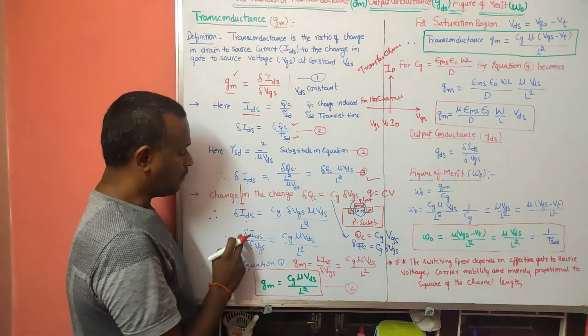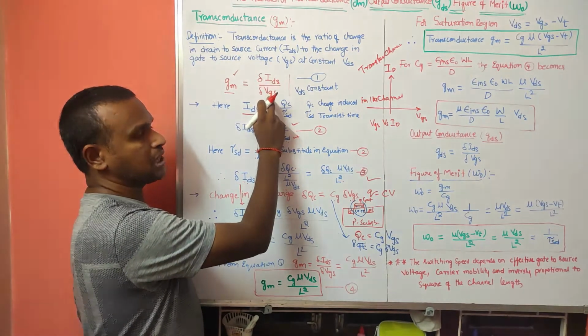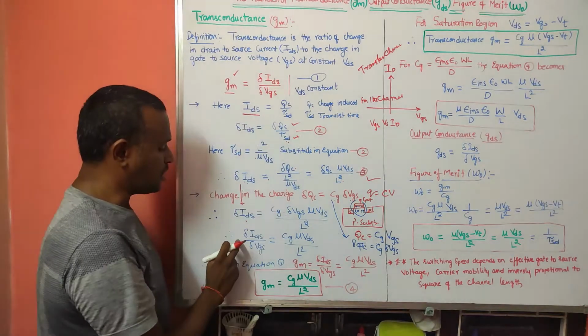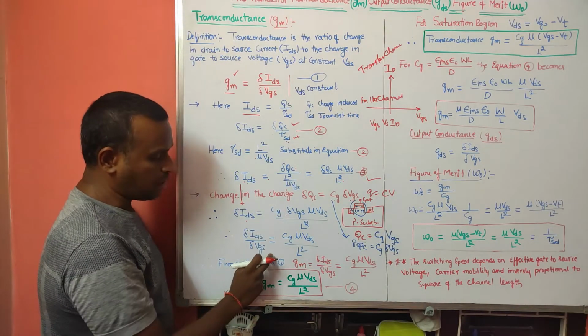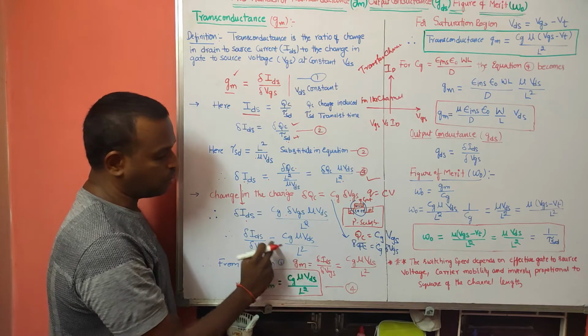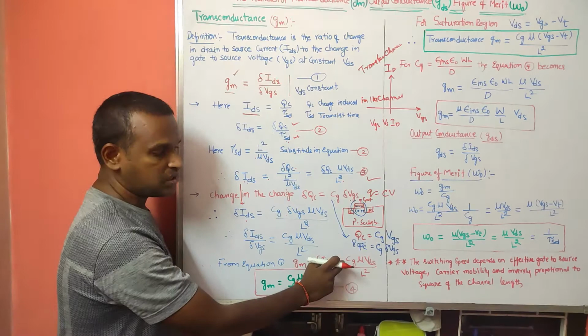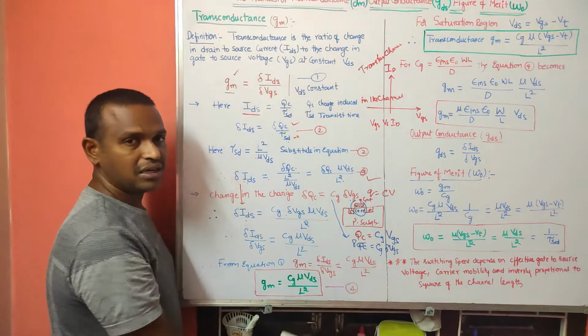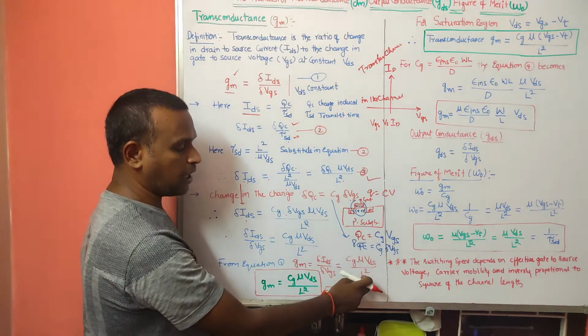But from equation number 1, delta IDS by delta VGS is equal to GM. So I am substituting the GM here in the next step. Therefore from equation 1, GM is equal to delta IDS by delta VGS, which is equal to CG mu VDS by L square.